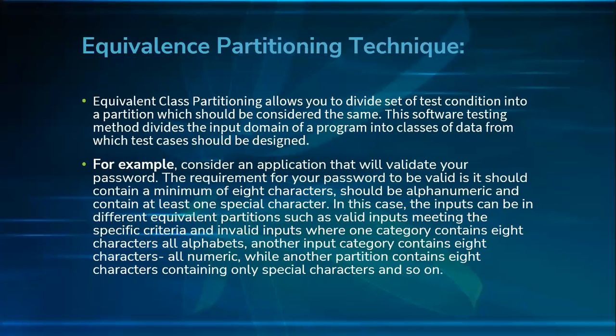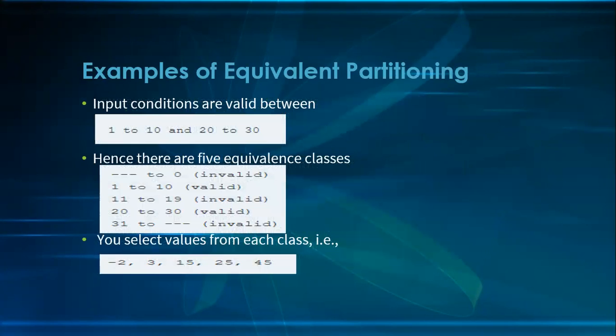Now, those are the different ways that I've collected my test data to test equivalent partitioning. That's an example. Let me take you further down to see more of it in numbers. Let's take this example. My first input condition is valid between 1 to 10 and 20 to 30.